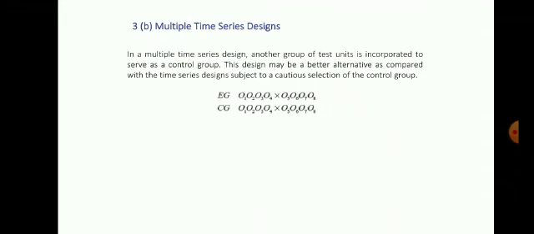Now, multiple time series design. Again, in this design, another group of test units is incorporated as the control group, and various periodic results were taken considering the control group and the experimental group together.